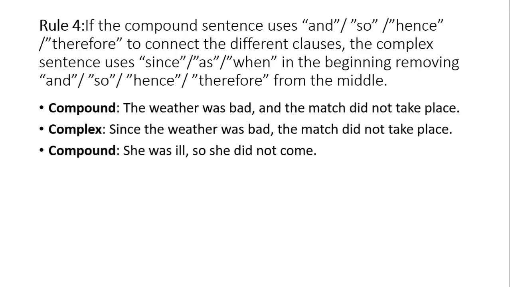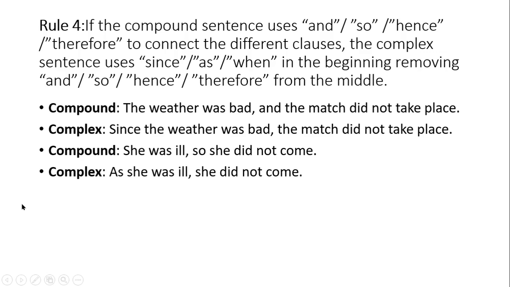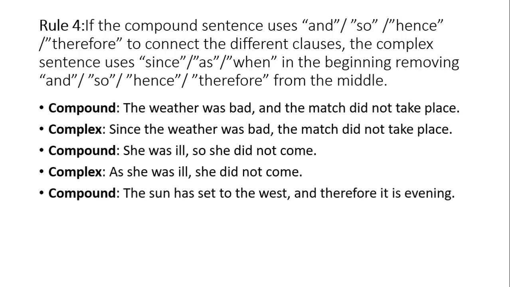She was ill, so she did not come. Okay, what are we going to do? We are going to use since, as, or when here. Okay, you see, as she was ill, she did not come. Okay, so here we have another example.